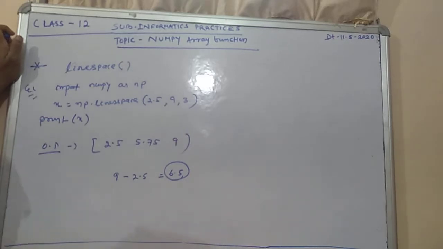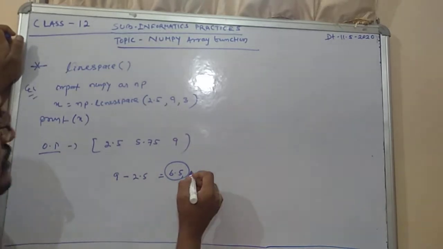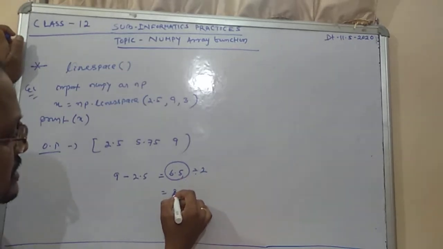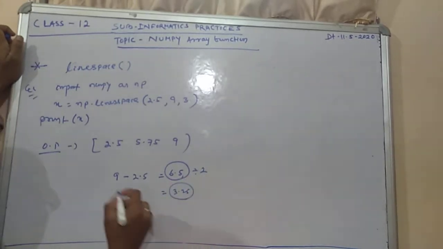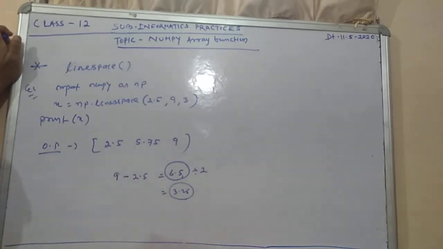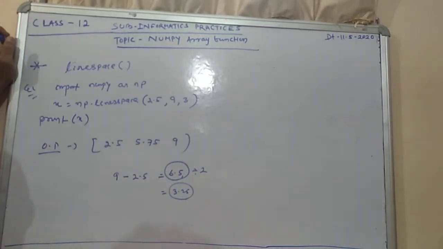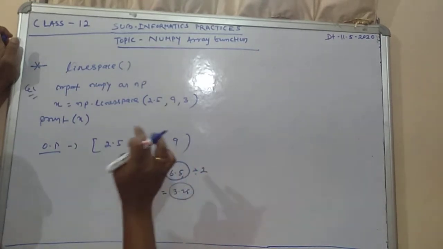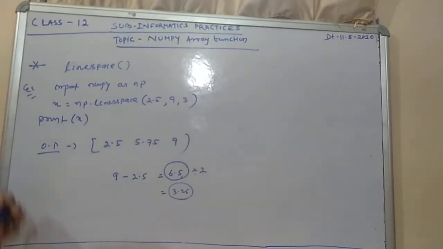Then 6.5 divided by 2, for 3 numbers, gives 3.25. So 2.5 plus 3.25 is 5.75, and 5.75 plus 3.25 is 9. This is the process by which you can understand linspace.